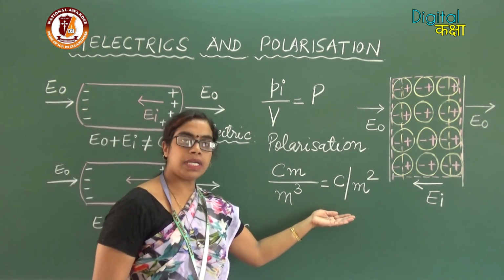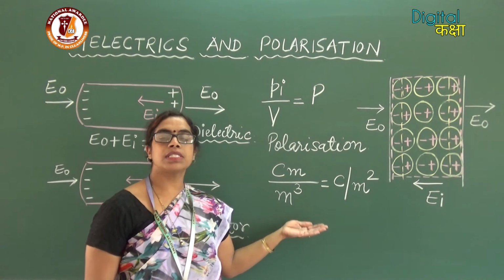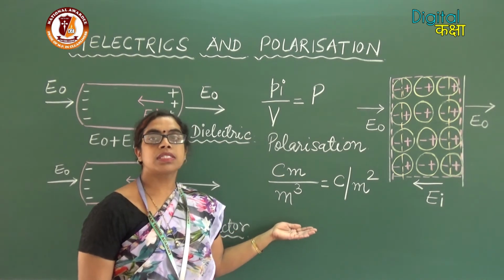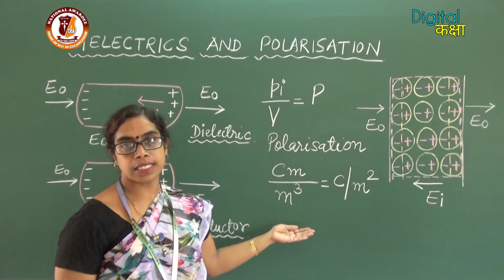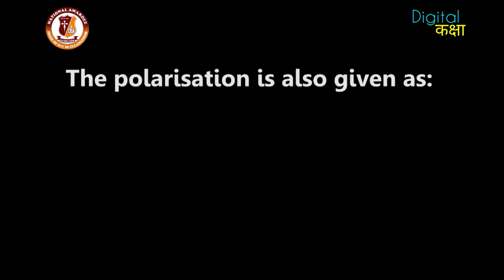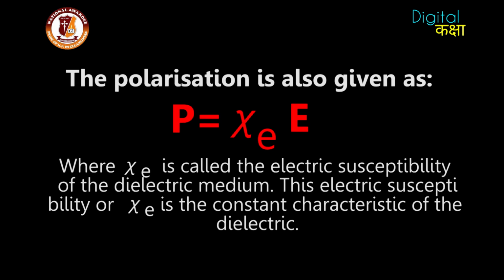This SI unit is the same as that of the surface charge density. The polarization is also given as P is equal to chi e into E, where chi e is called the electric susceptibility of the dielectric medium.